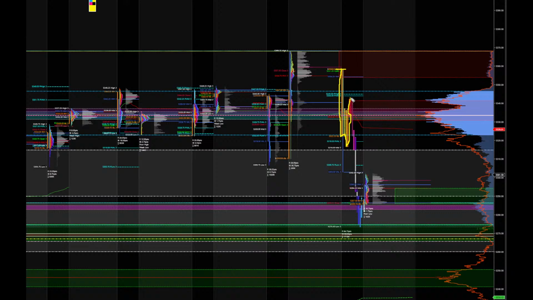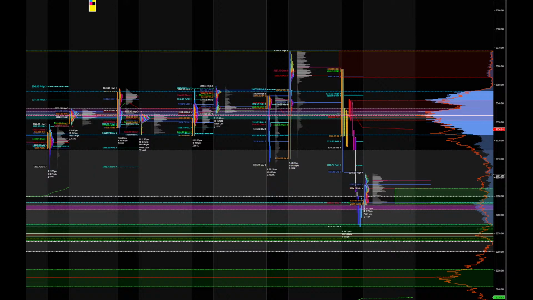It tried to make value above this level. Came up here, three 30-minute periods, and then wham. Why? Because of this level. Single prints happened right there, and that's not a coincidence. That's because longs were sitting there and got crushed.